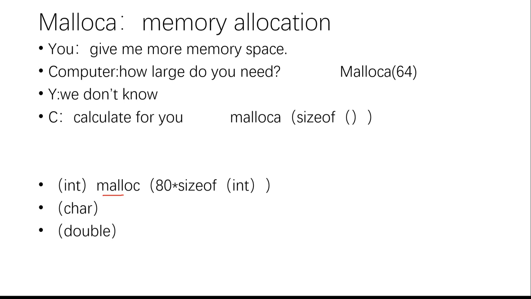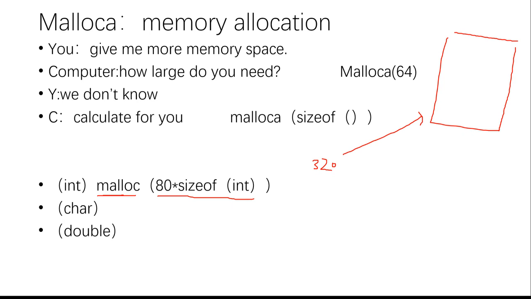It will look like the last slide, the same malloc sizeof order. In this part, you ask the computer to provide 320 bytes of space in memory, and how many small pieces to divide it into is up to you. If each small grid is 4 bytes, it will give you 80 of this kind of space.